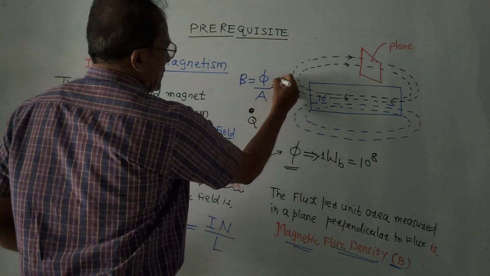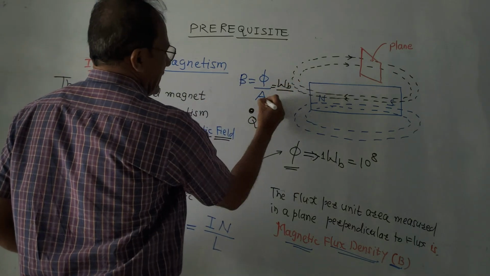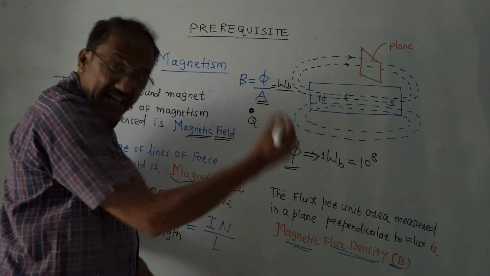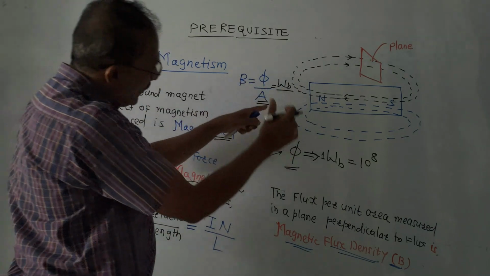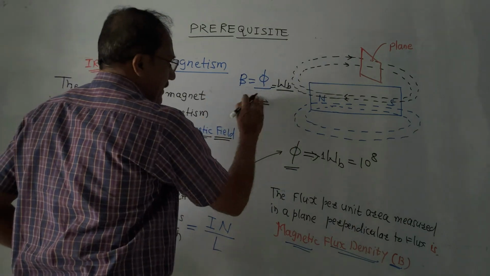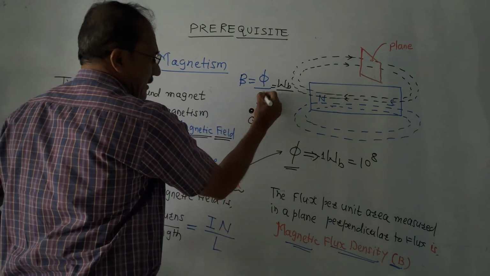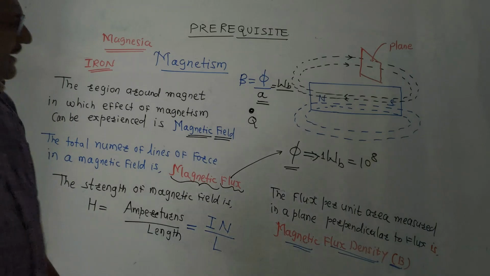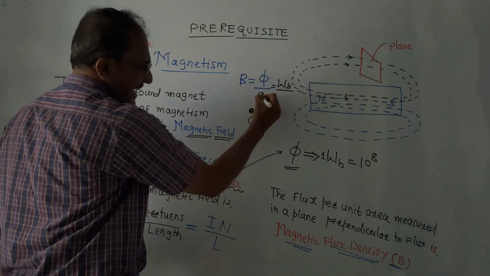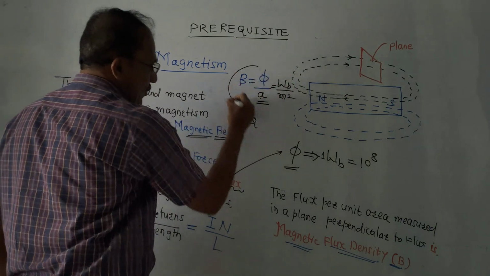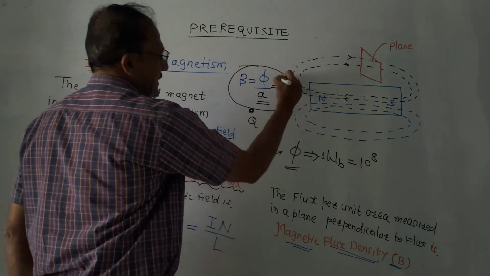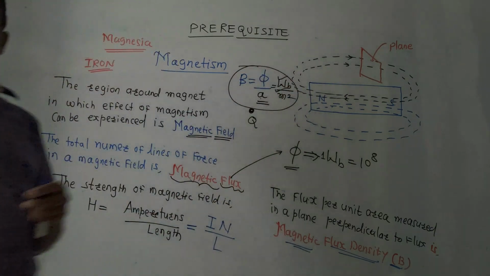Flux is measured in Webers and A is the area. It is not related to amperes. It is related to area. Sometimes instead of capital A, it is mentioned as small a. So it is phi by A. A is the area. Its unit is meter square. So the unit of magnetic flux density is Weber per meter square.